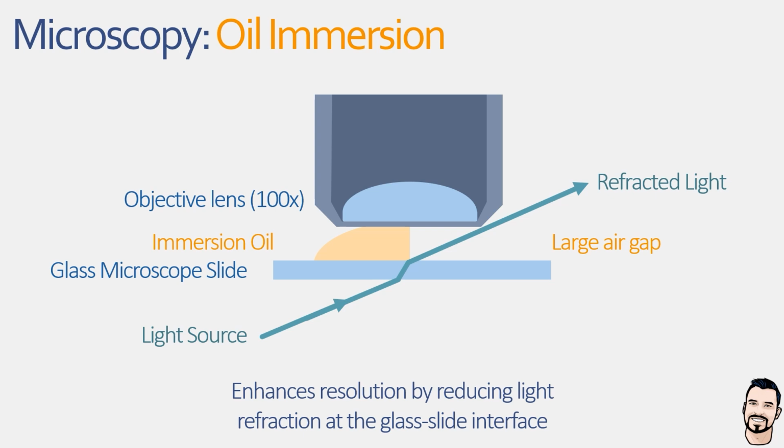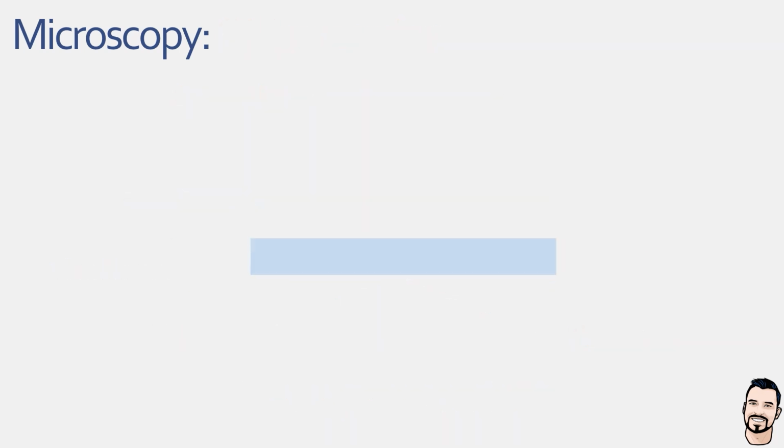If we add a drop of immersion oil between the sample and the lens, and it has the same refractive index as the slide and the lens, we will create a continuous optical path. This allows more light to be captured by the objective lens and minimizes refraction, all whilst preventing light loss, resulting in a much sharper and clearer image.